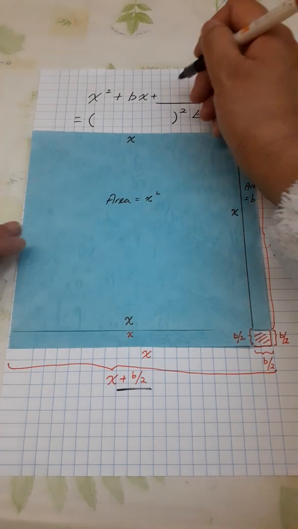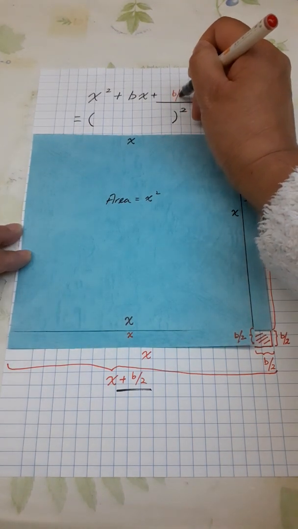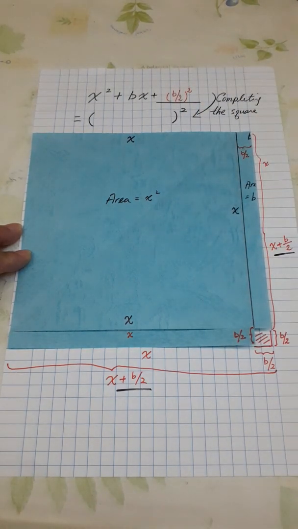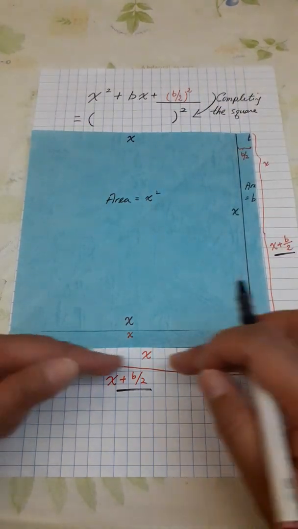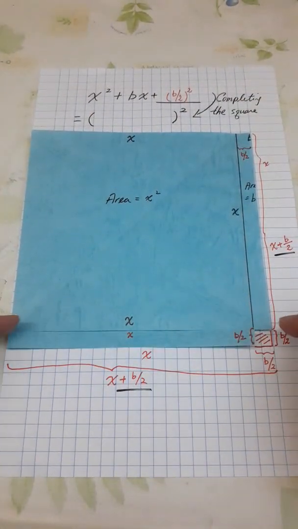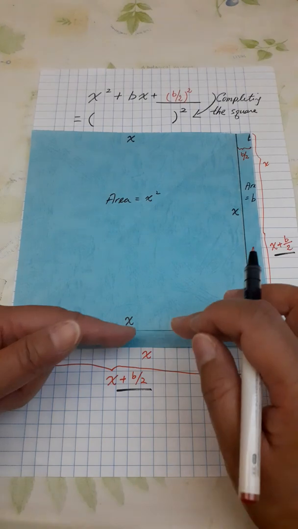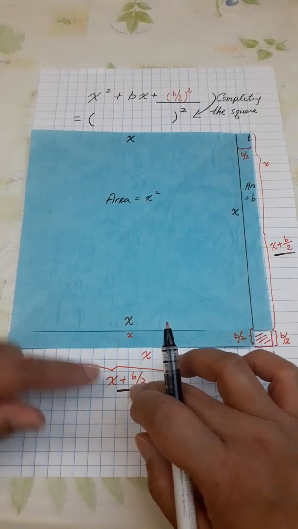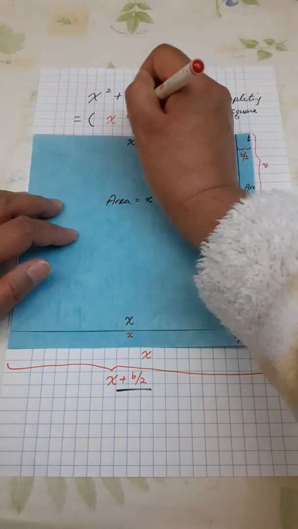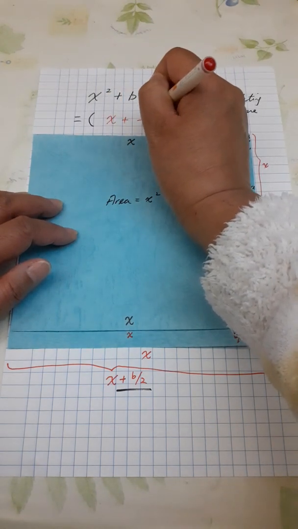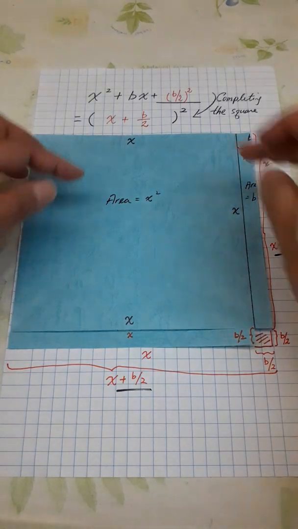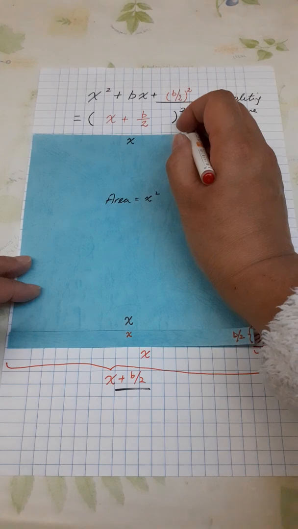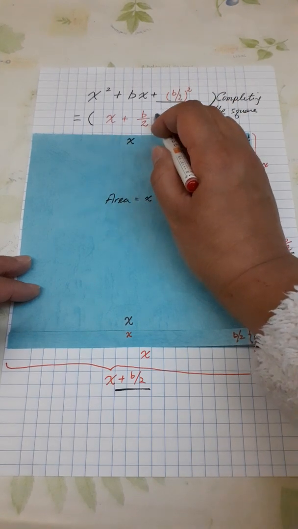If I add the area of this small square, it forms a bigger square. And for this bigger square, the size is x plus b over 2, and the area for this square is the square of x plus b over 2.